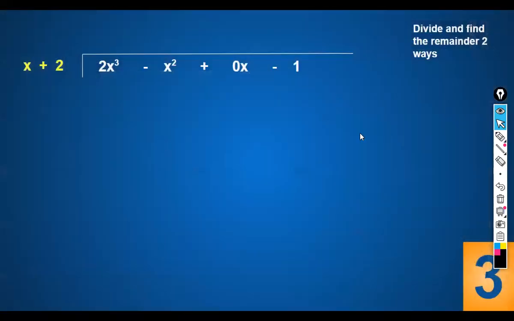All right, guys. Now, this question here, right? This is how it came in the exam. They had asked you all to divide it, but they didn't give you all an x value. The question was just simply divide 2x cubed minus x squared and had -1, but it had no x value.